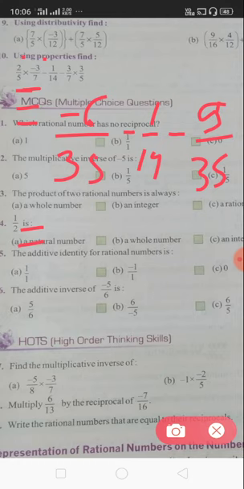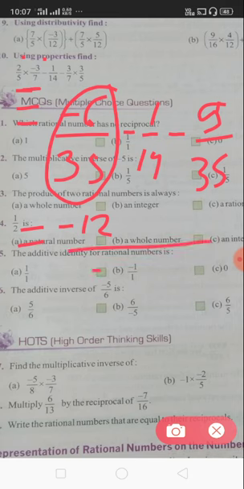So your LCM is 70. If your LCM is 70, by which number should you multiply these numbers? The first fraction we multiply by 2. If you multiply it by 2, you will get minus 12 upon 70.